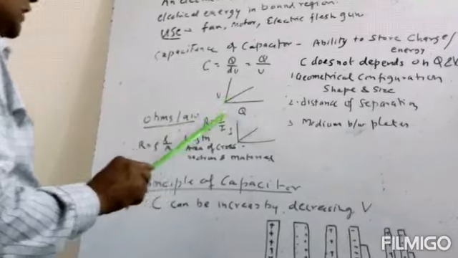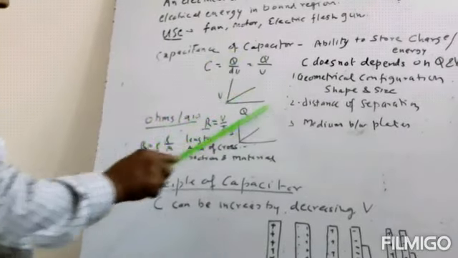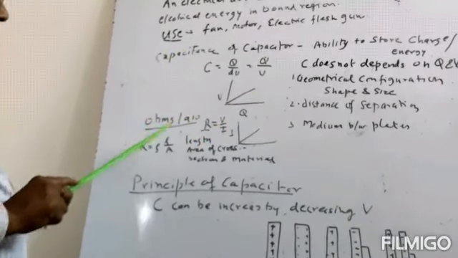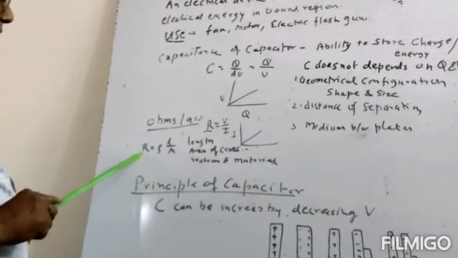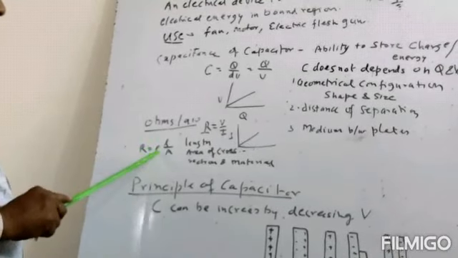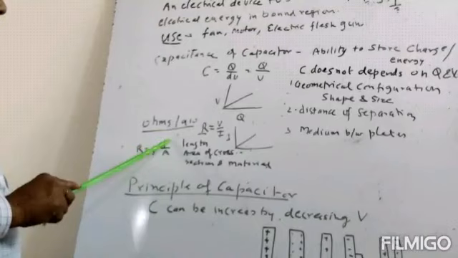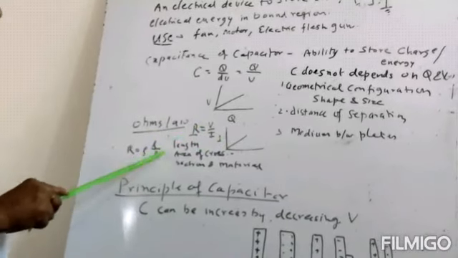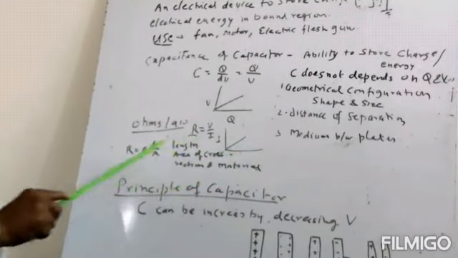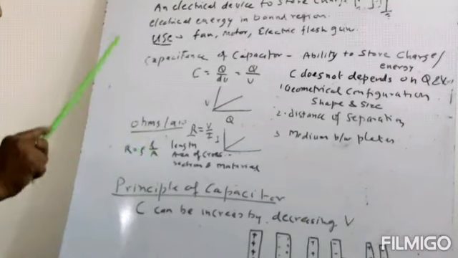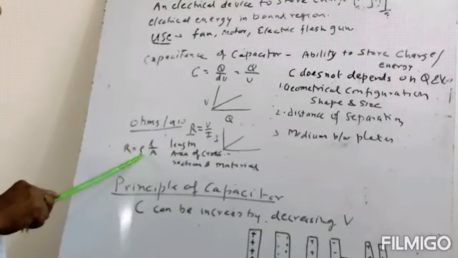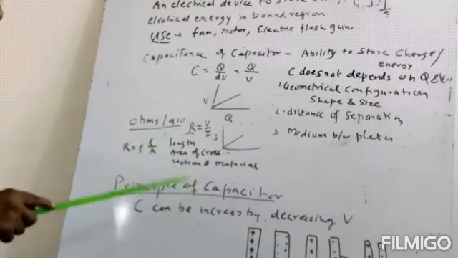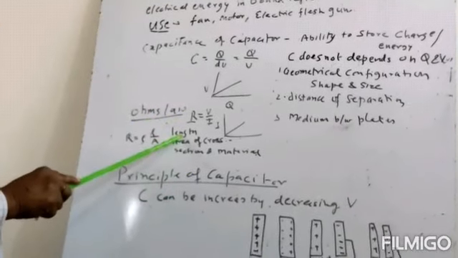So the resistance of the material will depend on R is equal to rho into L by A. L is the length of the conductor, A is the area of cross section of the conductor, and rho is the specific resistance of the material. So it will depend upon three factors. Number one, length.